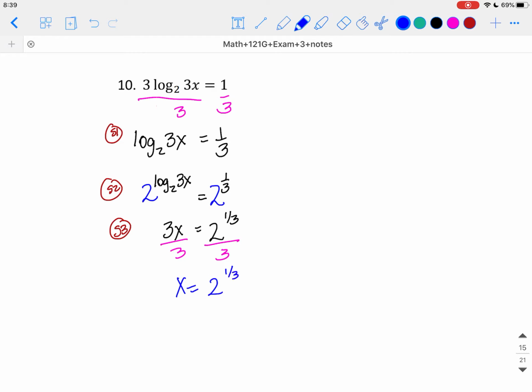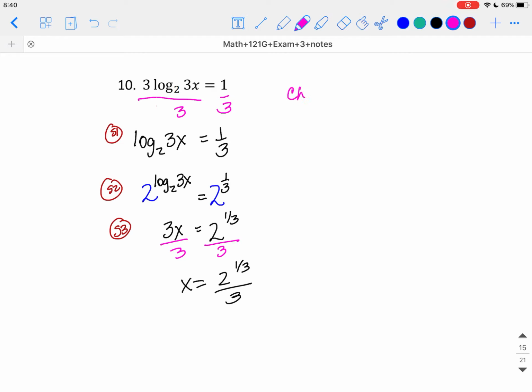So x is exactly equal to 2 to the 1/3 divided by 3. And you can get the decimal approximation in your answer.